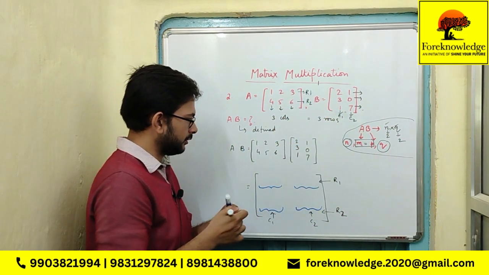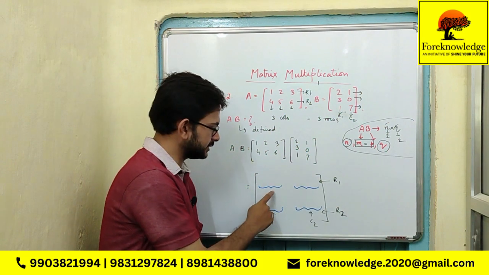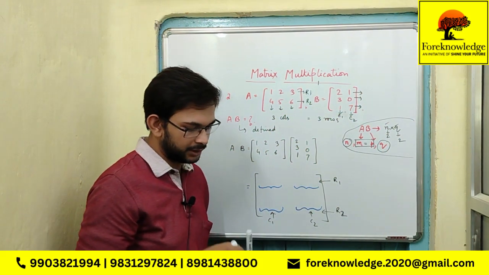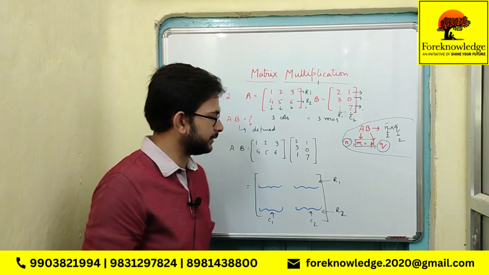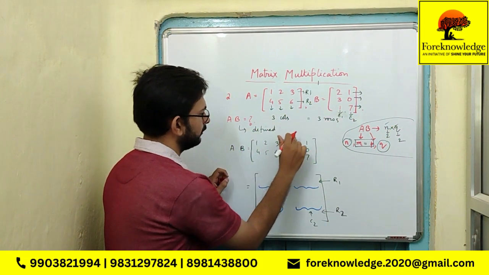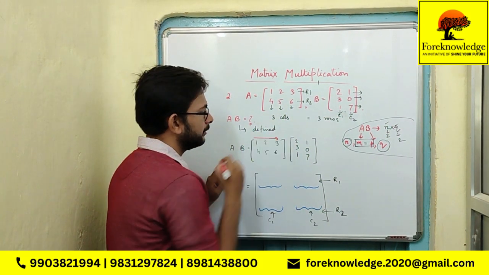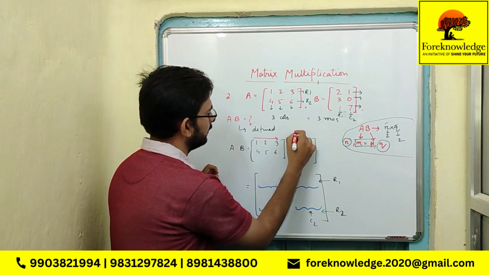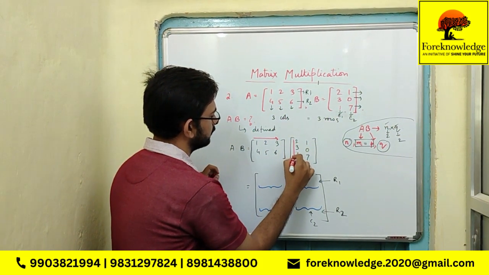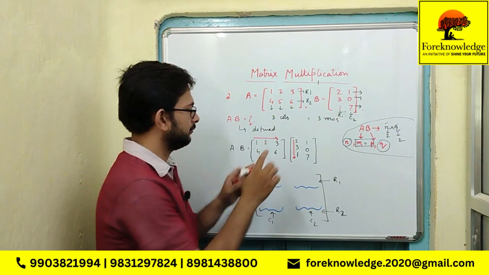Fine. For row 1, column 1, the first element, what do we have to do? We have to multiply row 1 of the pre-multiplier with column 1 of the post-multiplier. Multiply element wise.